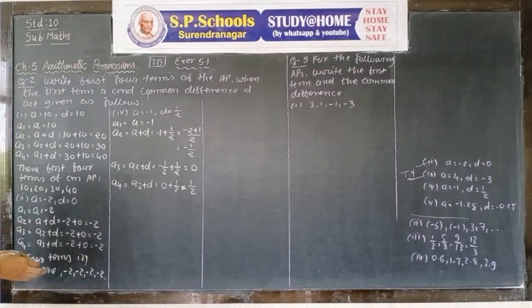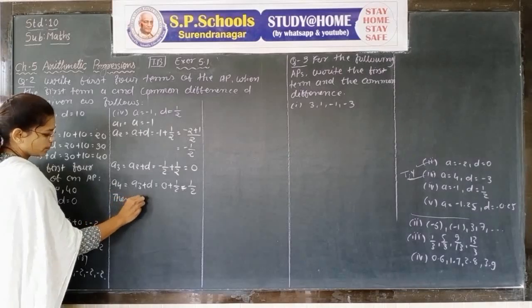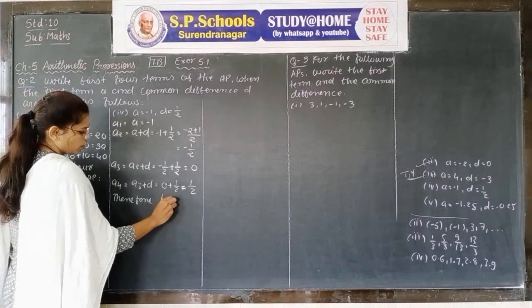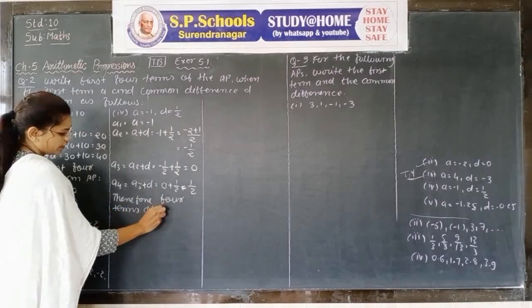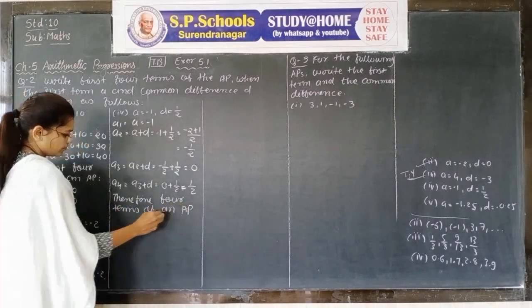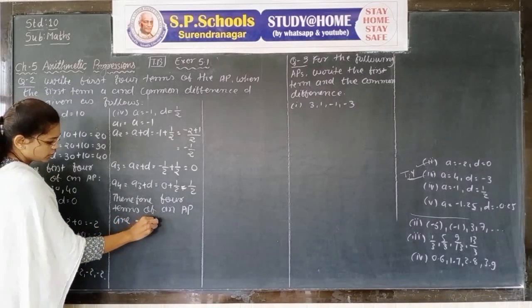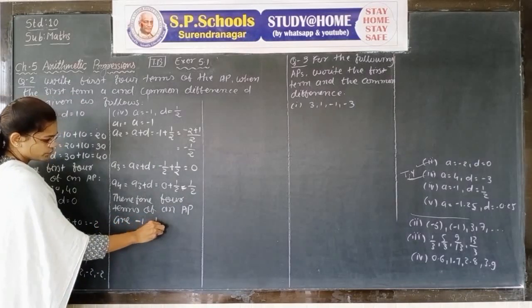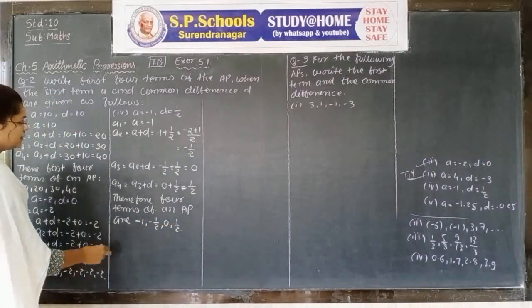Hence the 4 terms of an AP are obtained here. Therefore, the 4 terms of an AP are -1, -1/2, 0, 1/2. Let's see the last, fifth number.